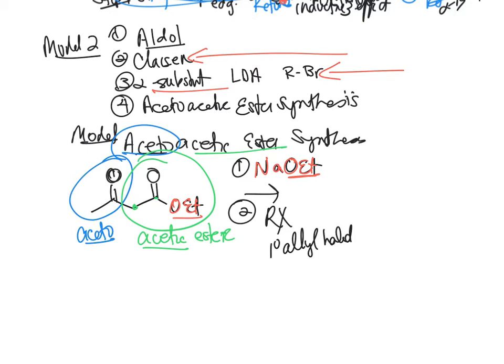Okay, so the first thing, oh, well, let's just continue on. And your product then, if you see that this is your alpha carbon, so you get this, your alpha carbon then gets whatever R is there, okay?